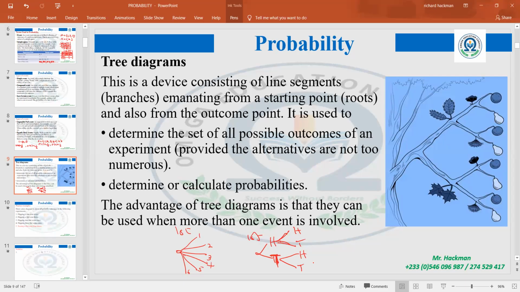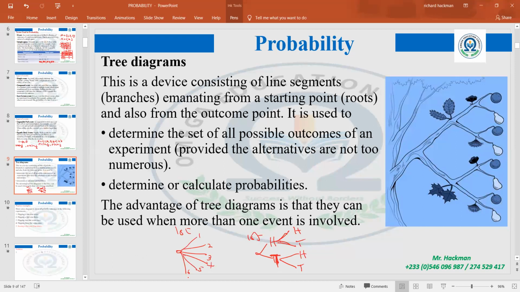Please come again. Remember I told you that the tree diagram is convenient under certain situations in terms of its use, provided the alternatives are not too numerous, and the alternatives are basically the possible outcomes in the trial. If you look at a die, how many possible outcomes do we get? 6. So that tells you that you are going to get 6 branches to deal with.